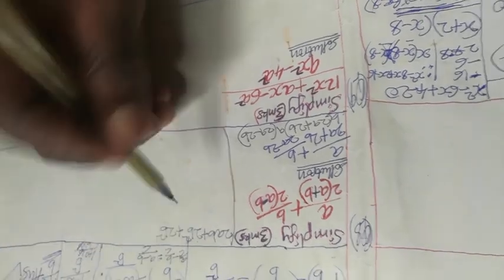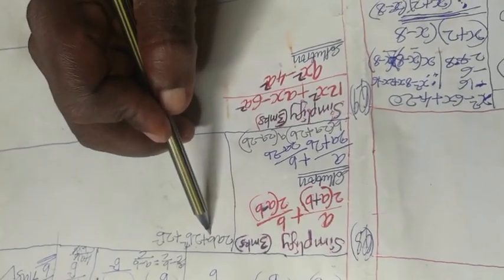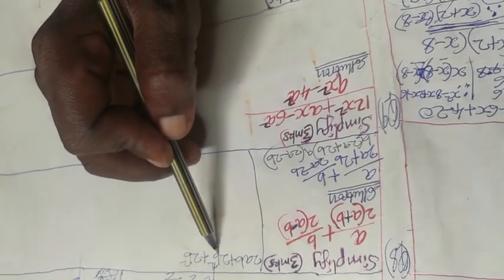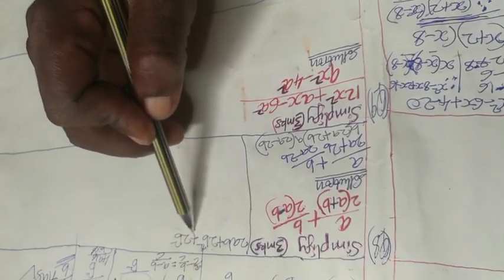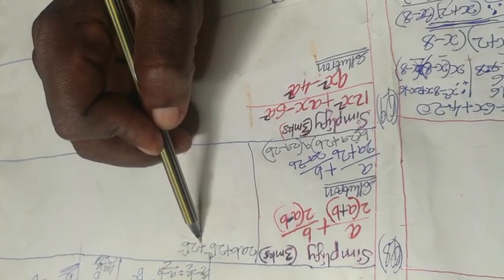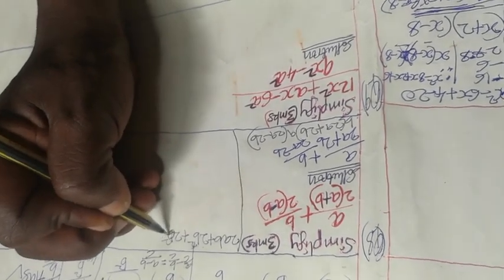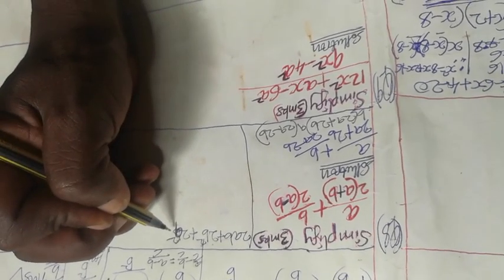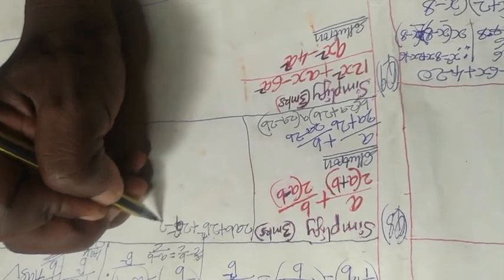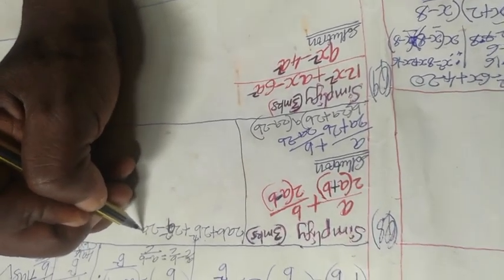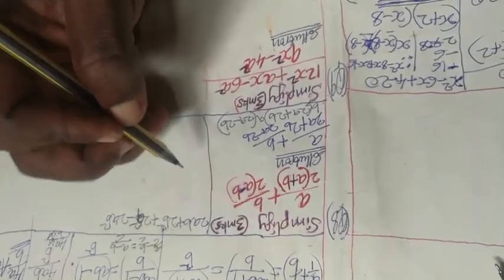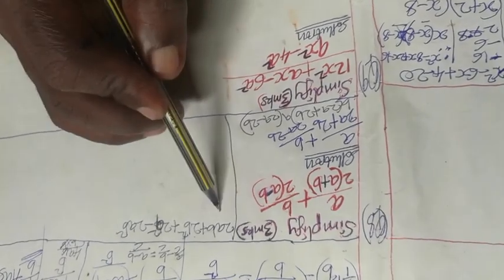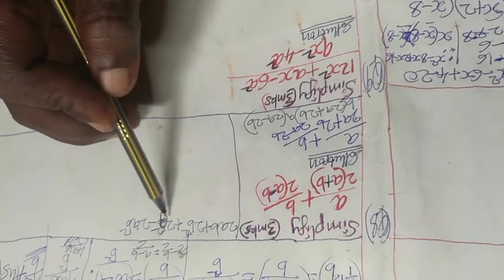Not really, this is 2ab plus 2b squared plus 2a squared minus 2ab.